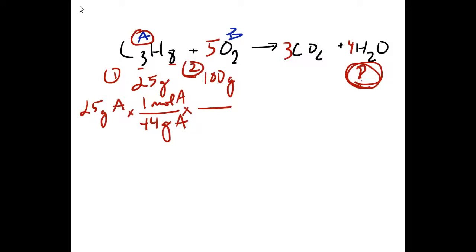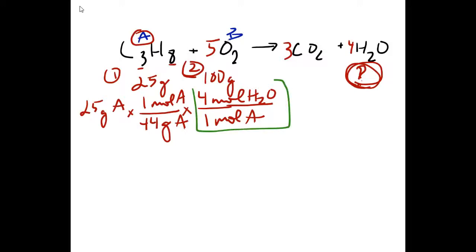That means for every 1 mole of propane, I can make 4 moles of water. Okay, that's my mole-to-mole ratio. This is the step that makes it a stoichiometry problem. Okay, this is the stoichiometry part, using the mole-to-mole ratios.